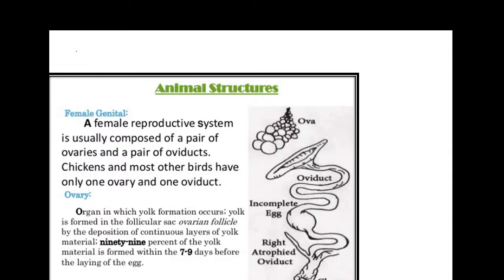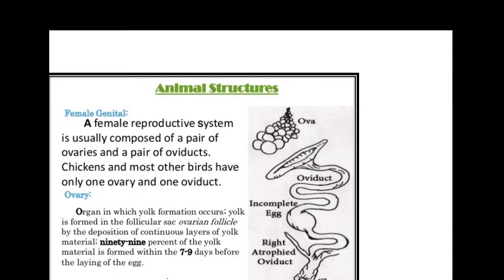This is the ovary, from where the ova is developed, and the ovary is the organ in which the yolk accumulation, or the nutritive substance accumulation, is completed. The yolk is formed in the follicular sac by the deposition of layers of white and yellow yolk.